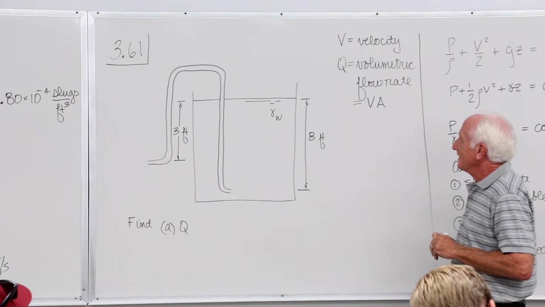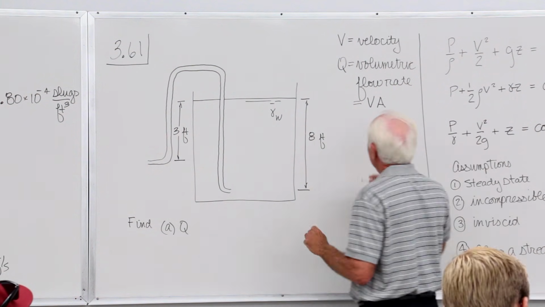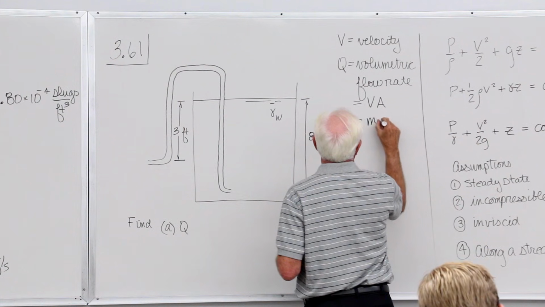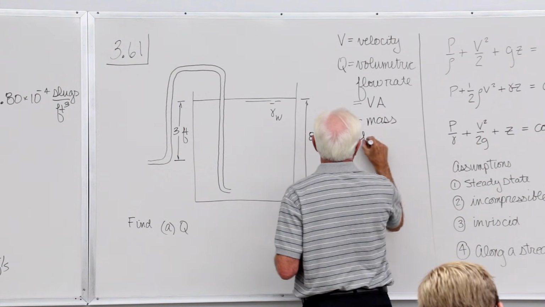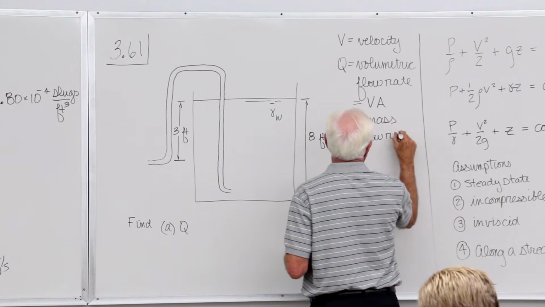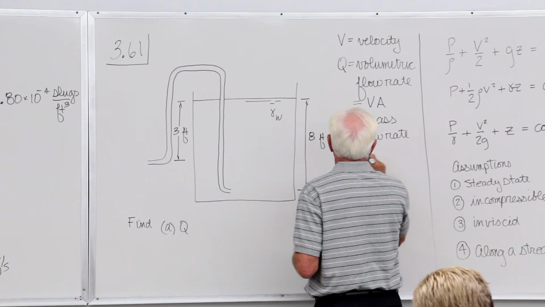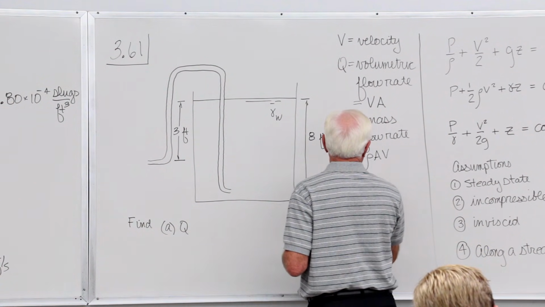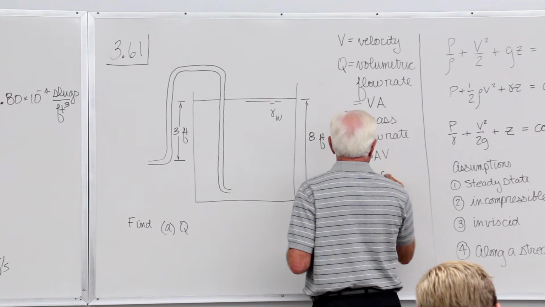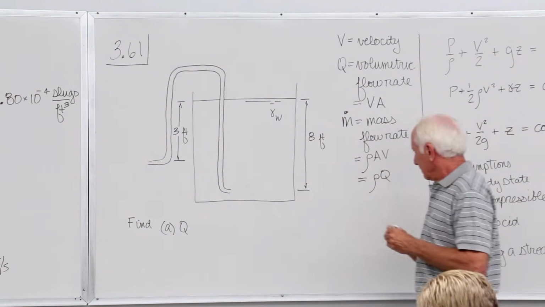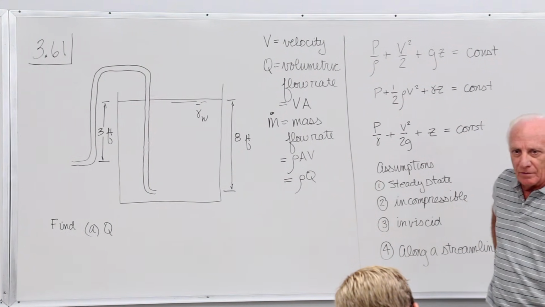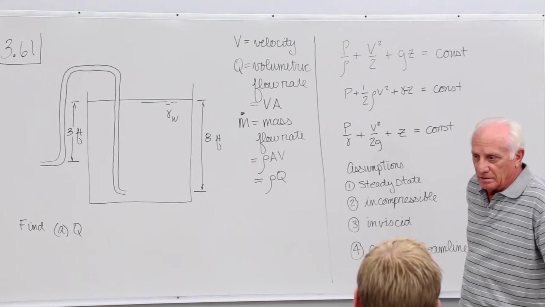Now, if we multiply that by the density, we get mass flow rate. That's rho A V, or rho times Q. Pounds mass per second, kilograms per hour, whatever.